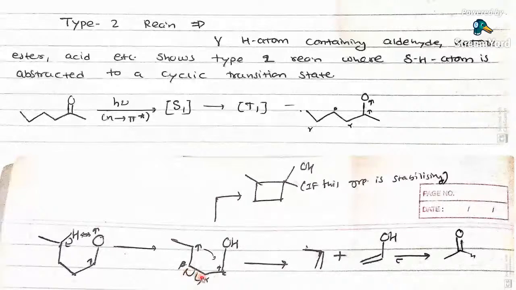This alpha beta bond undergoes cleavage, such that one radical will be at this position and one radical at this position. So there will occur the bond formation. Here you will get this structure, and as there will occur the bond formation at this position, you will get this structure. I should have written this bond also there.